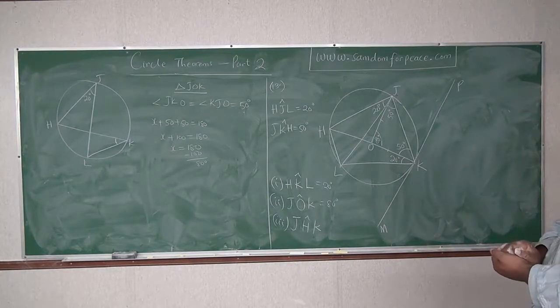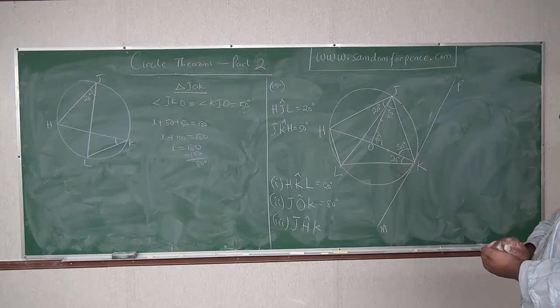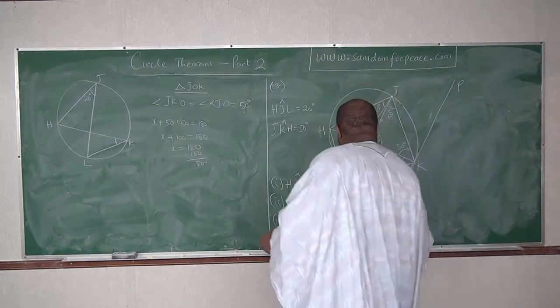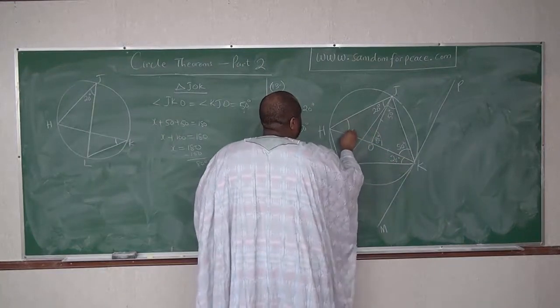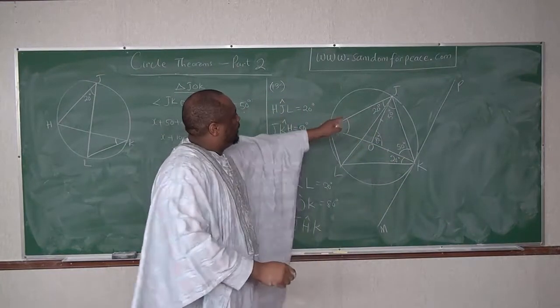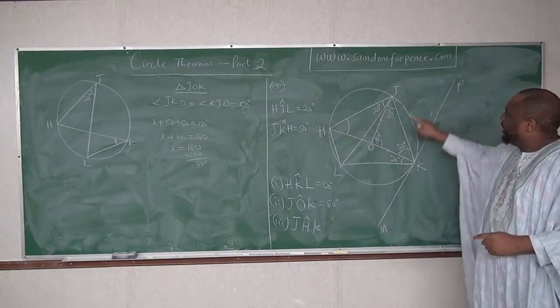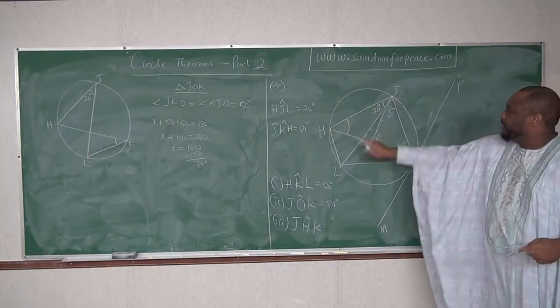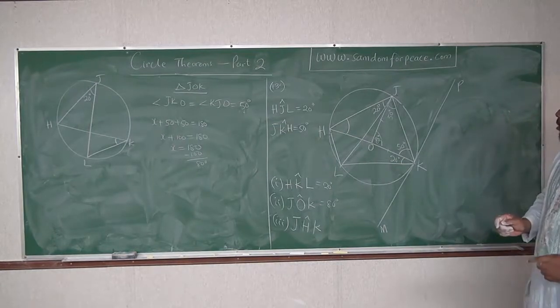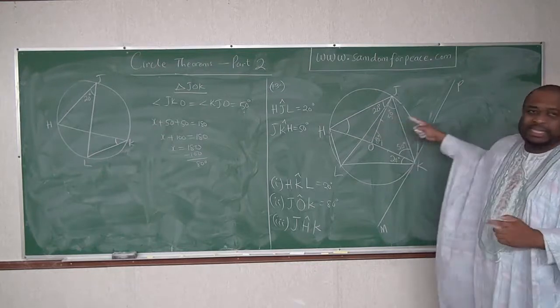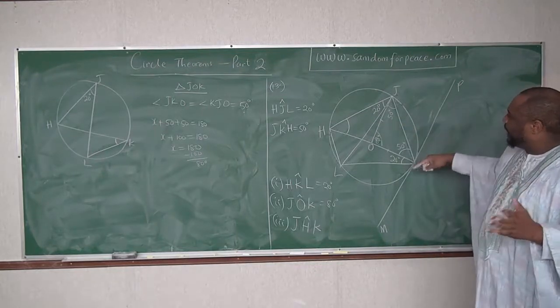The last one here, JHK. JHK is this angle right here. So we would consider triangle JHK.